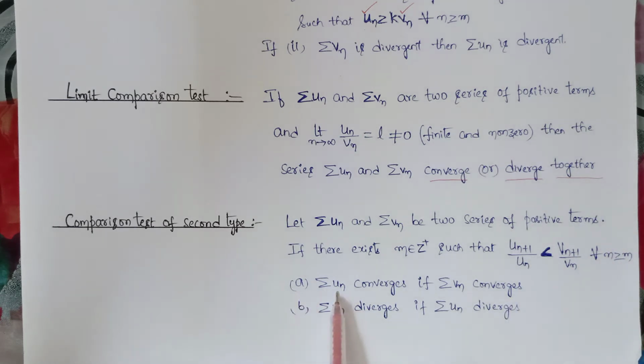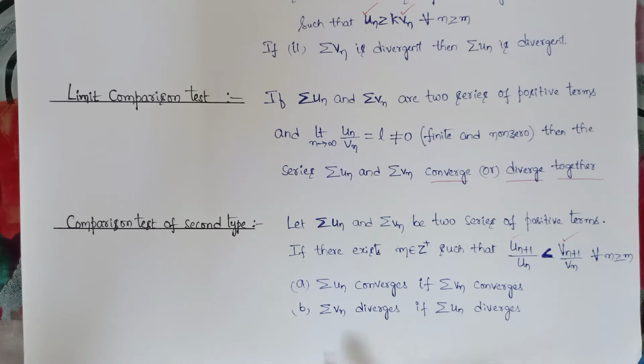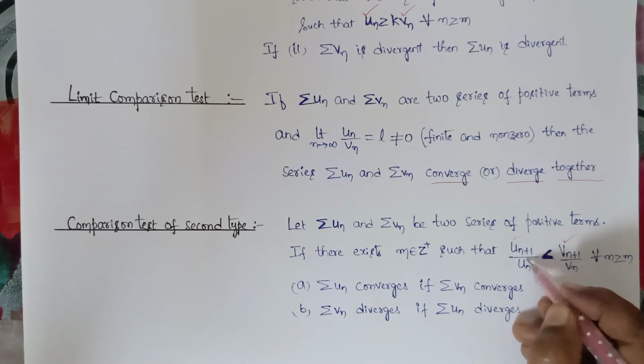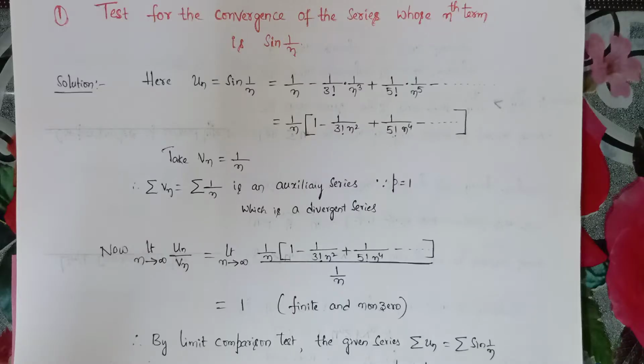First one, sigma un converges if sigma vn converges. If sigma vn converges, then sigma un also converges. Next one, if sigma un diverges, then sigma vn also diverges. This is the comparison test of second type.